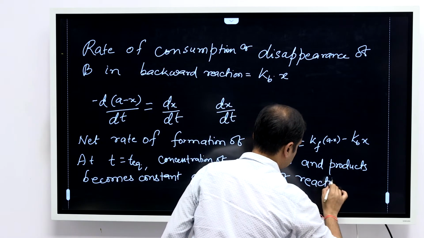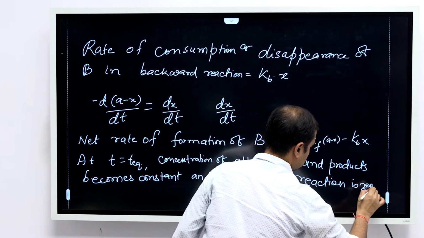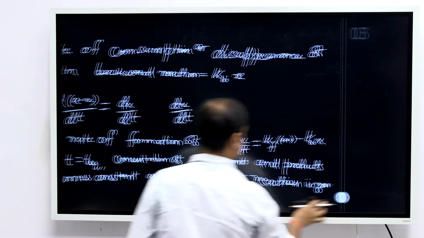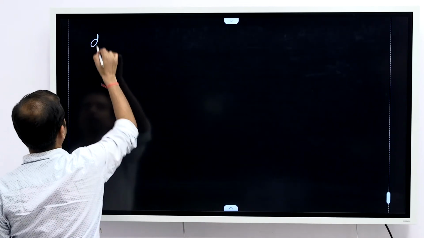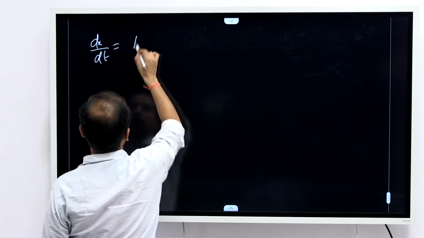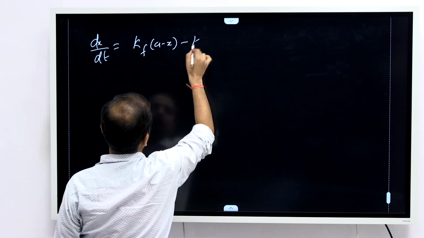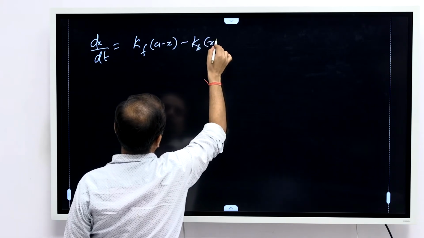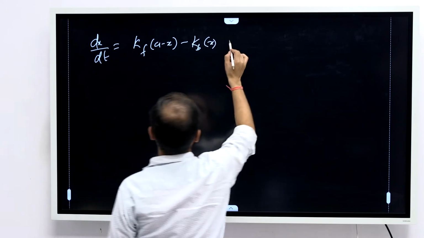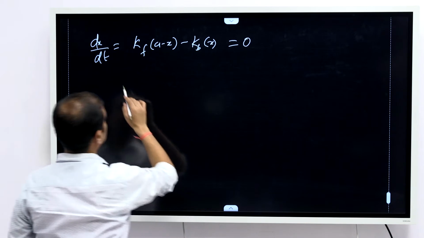So because the net rate of reaction is 0, we can write dx by dt, which is equal to kf into a minus x minus kb into x, is equal to 0.